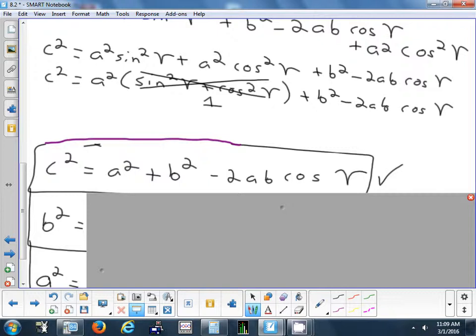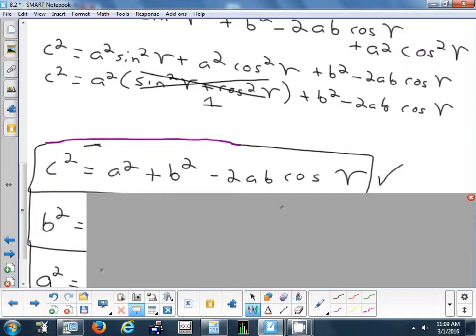All right. Anybody think they know the second way to write the law of cosines? B squared equals... What'd you say, Brian? I said it'd be b squared equals a squared minus c squared. Where'd you get the minus from? I thought you'd be subtracting from both sides, right?